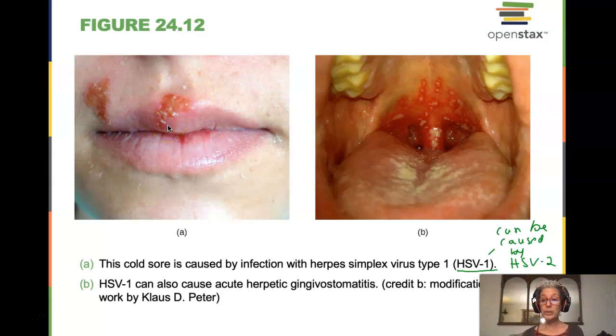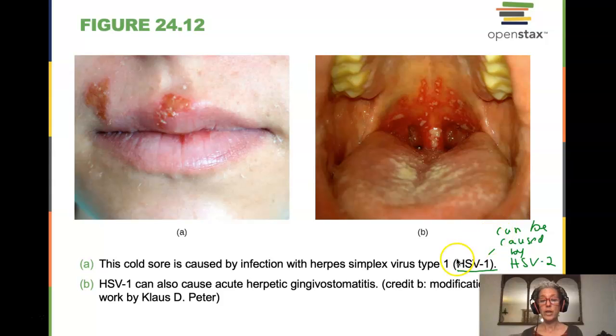It cannot be cured. Herpes viruses are in your body forever once you contract one, and they can be managed with acyclovir and other antiviral drugs that will decrease the frequency and the severity of a herpes outbreak, but won't cure the person from having that.